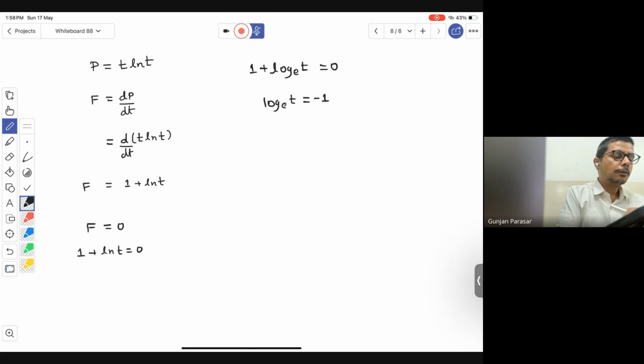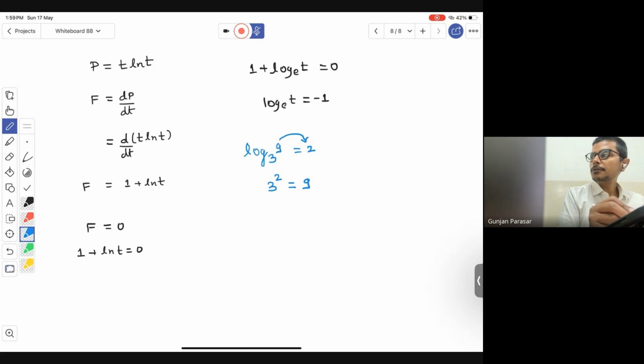Now we will use that log formula. Suppose you forgot that one, but don't forget this example: log base 3 of 9 is equal to 2. So the 2 on the right hand side will take the power of the base, which is 3, and 9 will go to the right hand side. You see what really happened here? The same thing will happen here also.